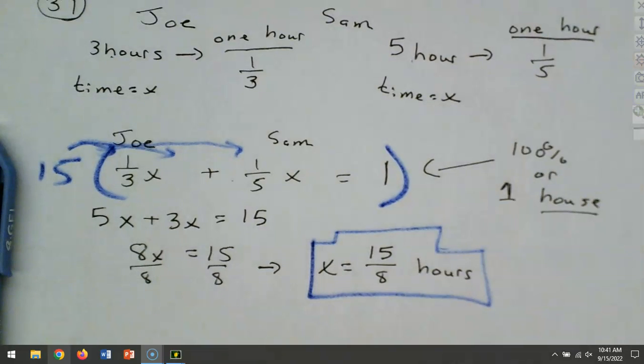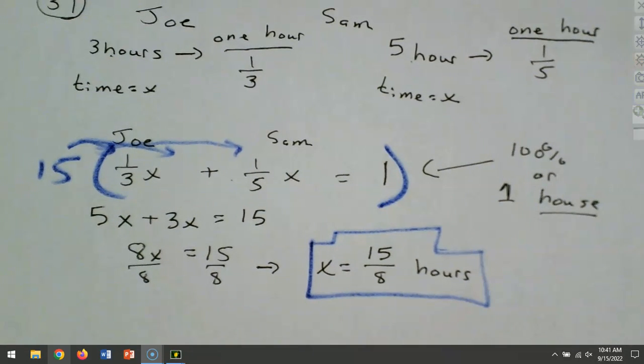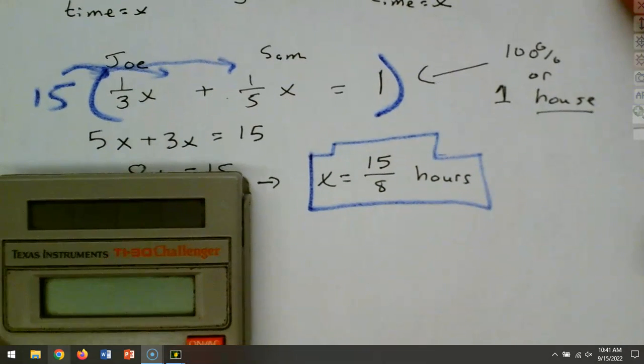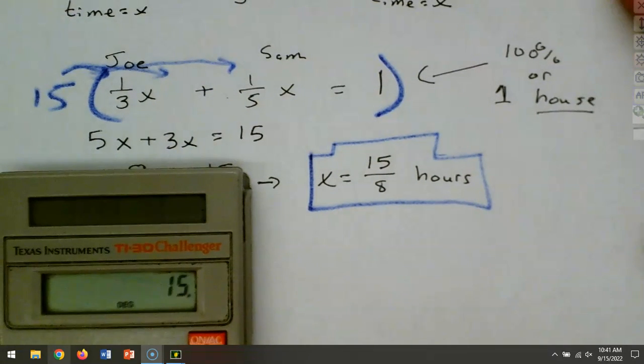But let's see if this makes sense. What's the decimal equivalent of 15 eighths? Well, 15 eighths as a decimal is 1.875, right? Now, if Joe is by himself working on this house, how long should it take him? 3 hours.